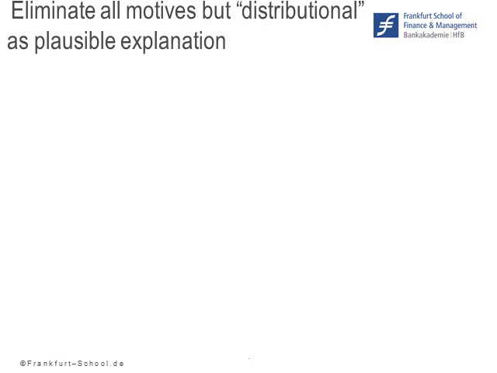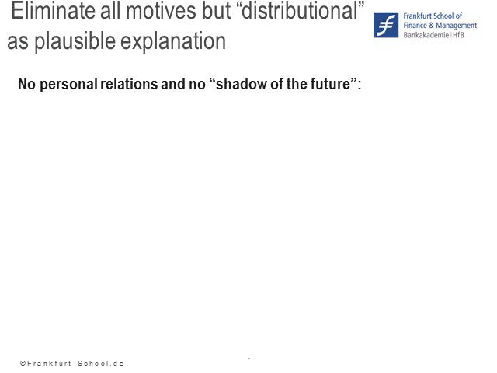The basic idea is to eliminate all motives that could explain behavior except distributional ones. So what we do is we see to it that there are no personal relations and no shadow of the future.